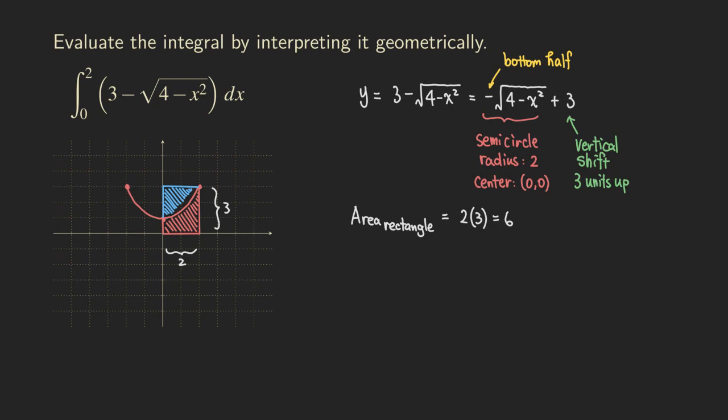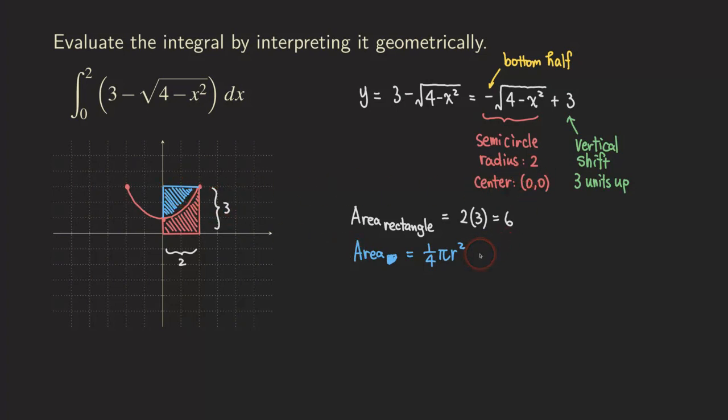Now, what about the quarter of the circle? So the area for just the quarter of the circle, right? This region right here, how do we find that? That's going to be a quarter of the circle, so 1/4 pi r squared, right? And then what is the radius? The radius, as you can see, is 2.